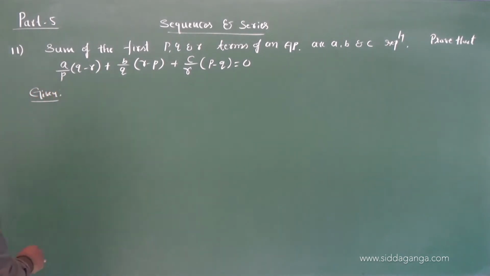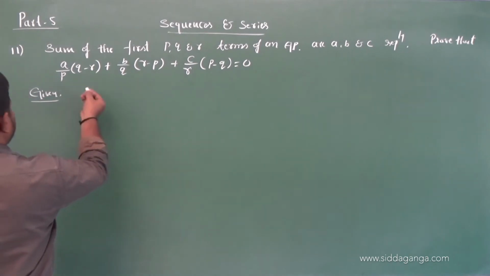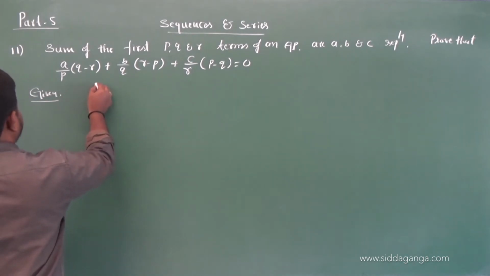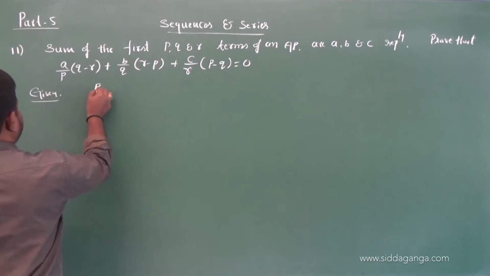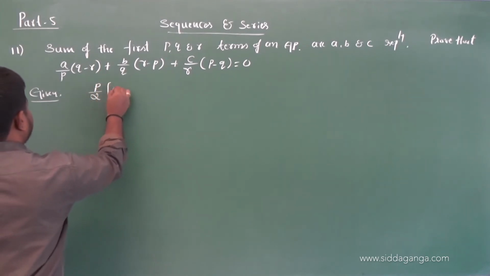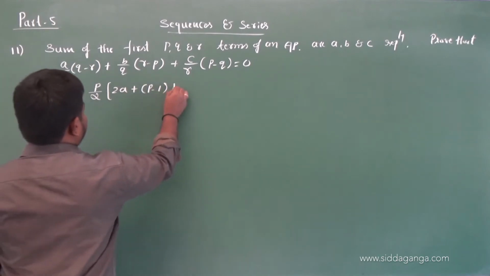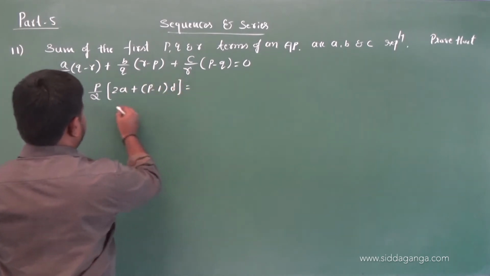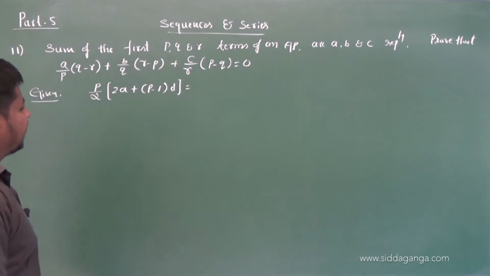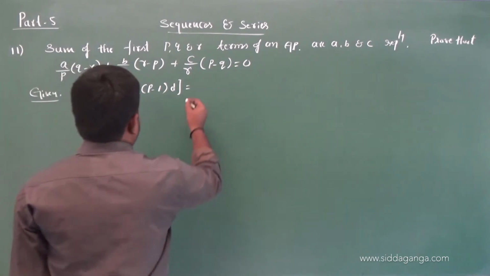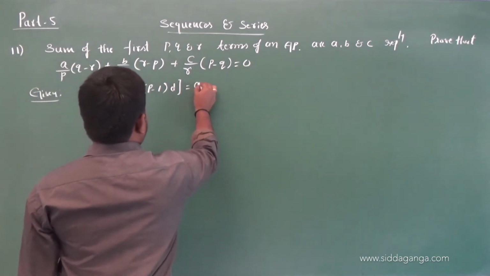Sum of the first P terms of an AP. In place of n, you take P, so P by 2 into (2a plus (P minus 1) into d), where a is the first term of the AP and d is the common difference. That is equal to A. This is given.